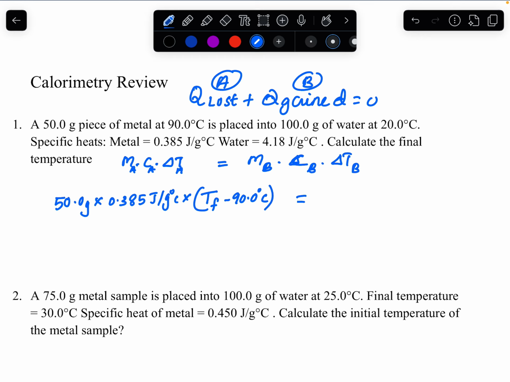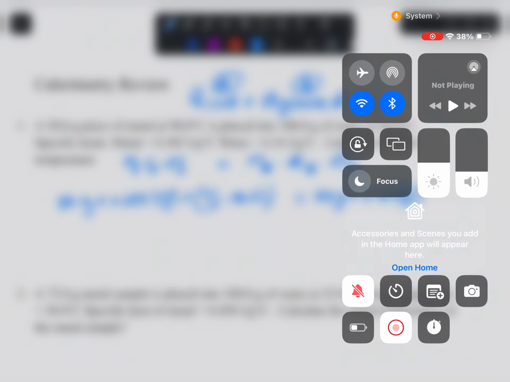That is maybe the difficult part, you will see. Now the other side: the mass of water is 100.0 gram and the specific heat capacity of water is 4.18 joule per gram degree Celsius.